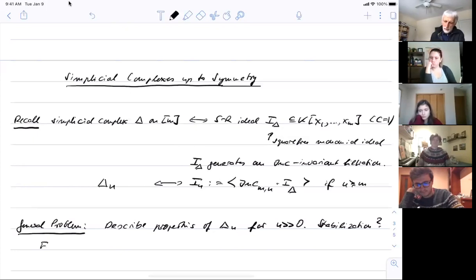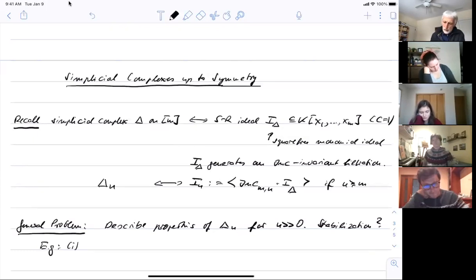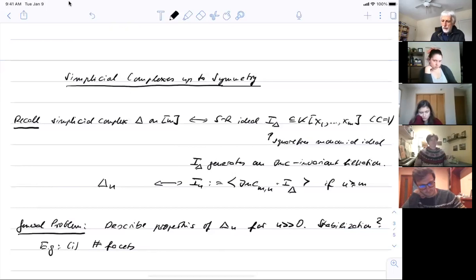And so some questions we could consider, for example, what about the number of facets of the simplicial complex delta n as n increases?